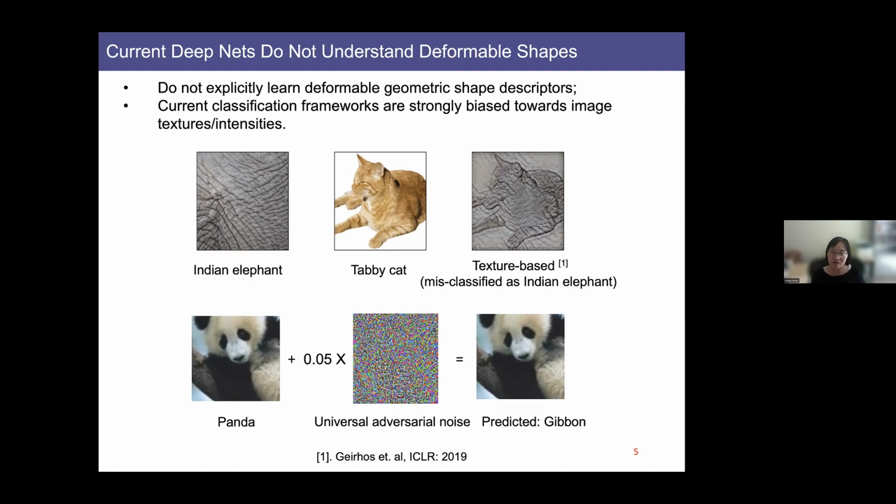Instead, they are biased towards local textures, which is one of the limits or constraints of deep nets.